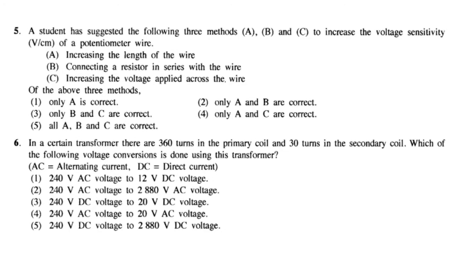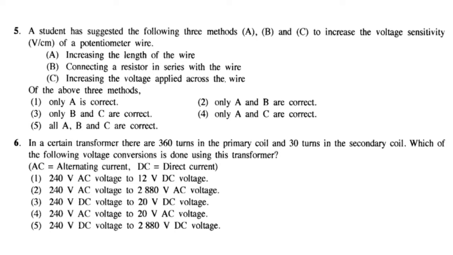Question number 5. A student has suggested some methods to increase the voltage sensitivity of a potentiometer wire. Now think of a potentiometer. Potentiometer has a potentiometer wire, and that wire is connected across a battery. So there is a potential drop across the potentiometer wire.